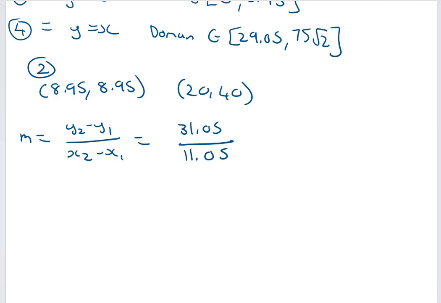I am going to simplify that, so 31.05 divided by 11.05, and that will give me 2.8099.